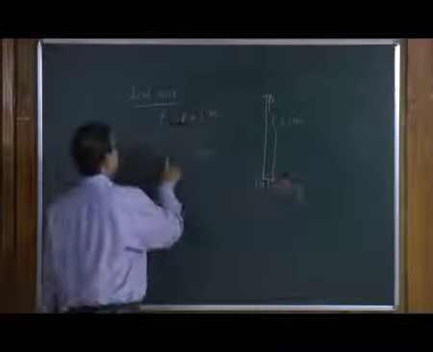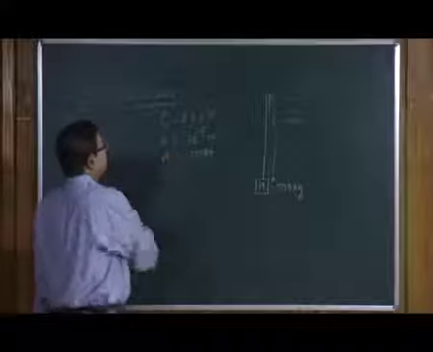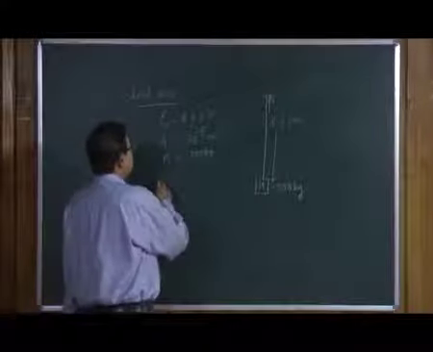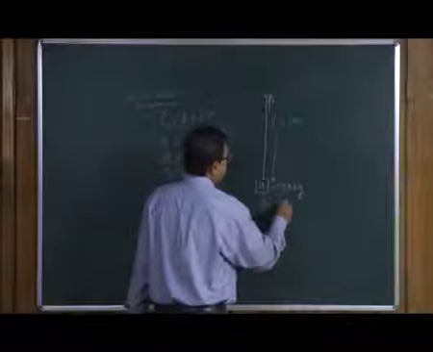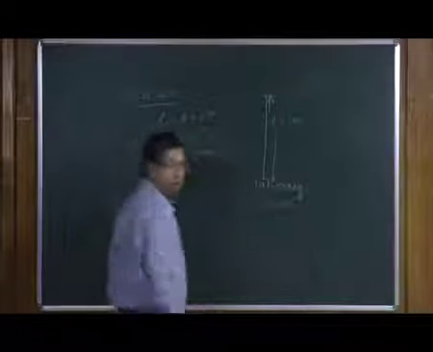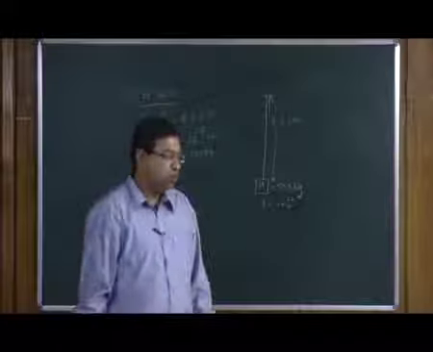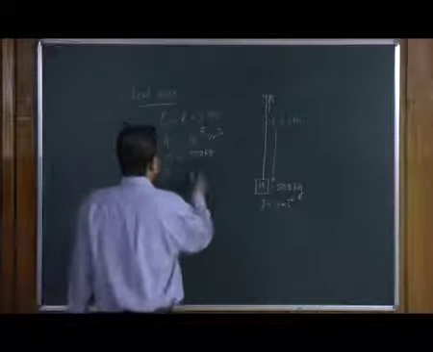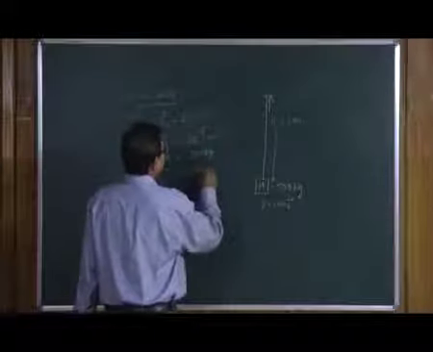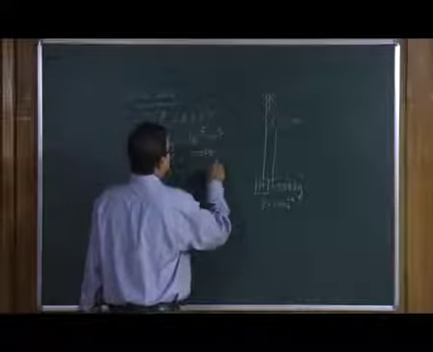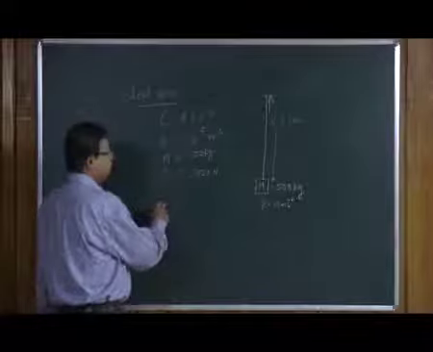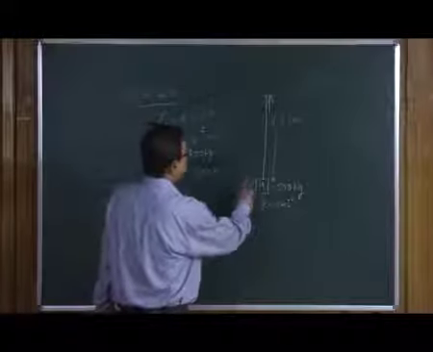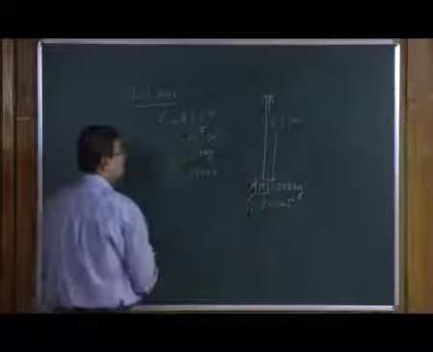Let us denote that by M, and hence, with g equal to 10 meters per second square, which is an approximate value which we often use, the force is 5000 Newton.